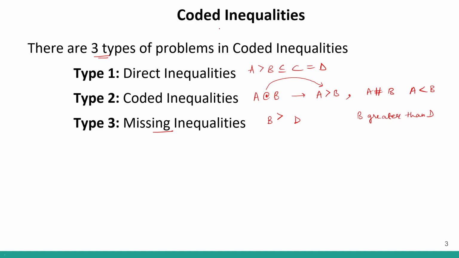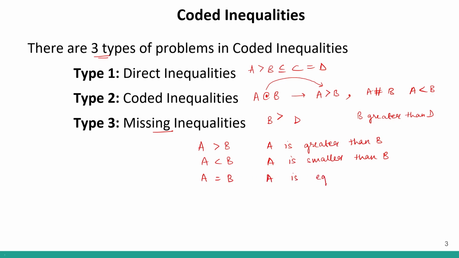So in coded inequalities, I told you that we deal with only 5 symbols. What were they? If we write it like this, it means A is greater than B, correct? If we write this symbol, it represents A is smaller than B. If we write it like this, it means A is equal to B, correct?